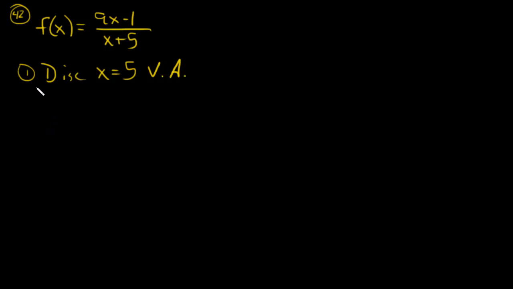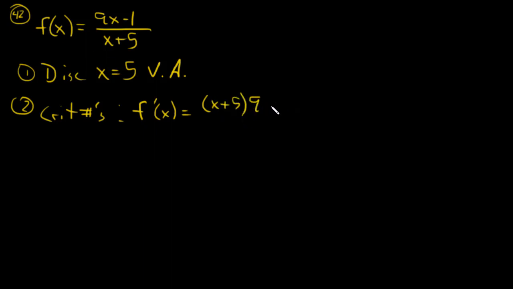Okay. Now, step 2. I need the critical numbers. And that occurs when I have my f prime of x. So f prime of x is going to be the bottom, x plus 5, times the derivative of the top, 9, minus the top, 9x minus 1, times the derivative of the bottom, 1, over the bottom squared, x plus 5 quantity squared.